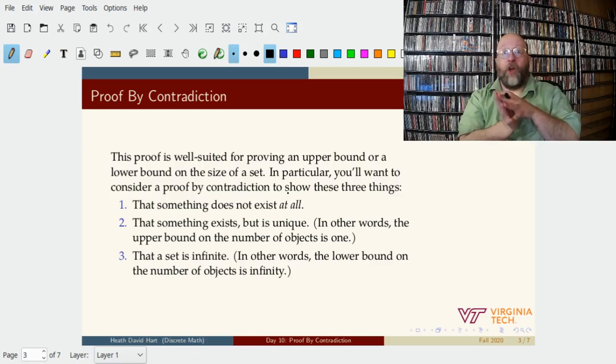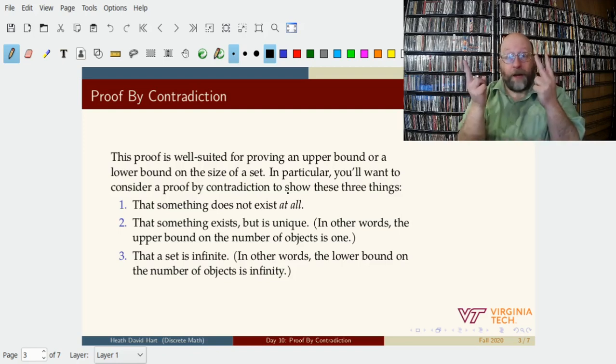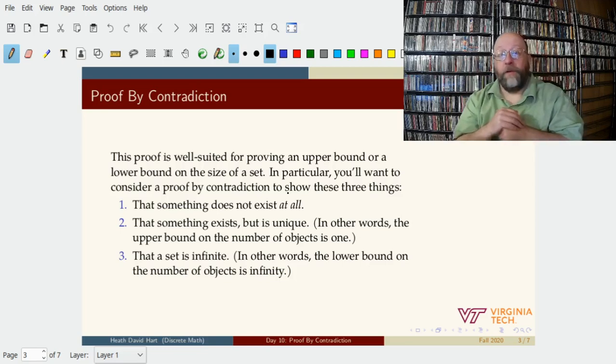We can show that it doesn't exist by assuming that it does and showing that its existence leads to a contradiction. We can prove that something exists and is unique. Unique means that there's just one of this item. And so we assume that there are two of the item and show that having two of them creates a contradiction, by going above the bound on the size of the set.